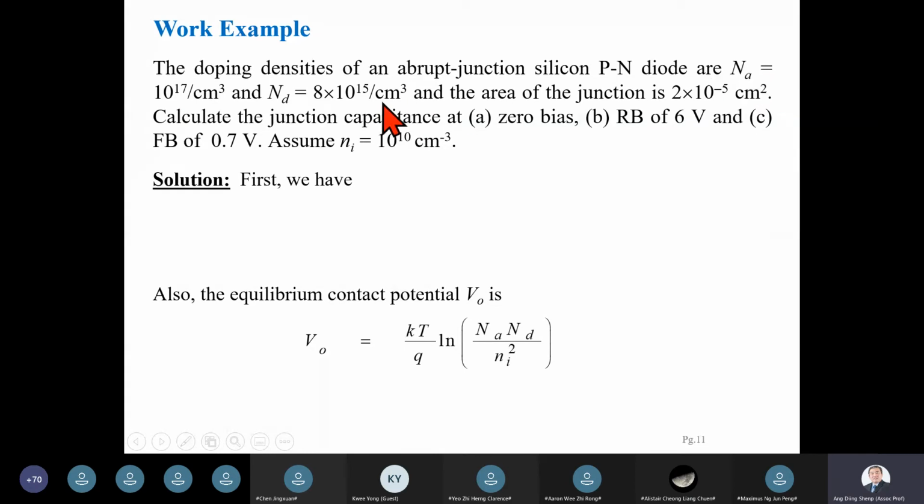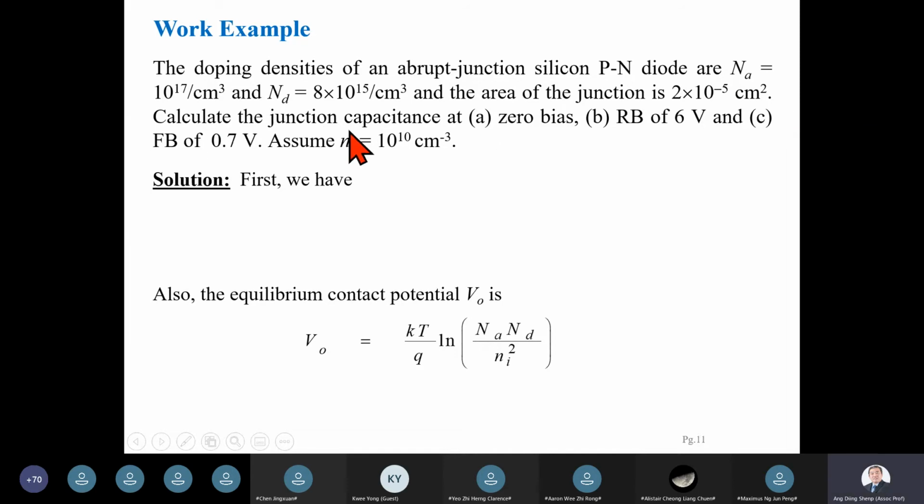Essentially, this is a p-plus-n junction, where the p side is doped more heavily compared to the n side. The area of the junction is 2 times 10^-5 cm squared, the size of the p-n junction.